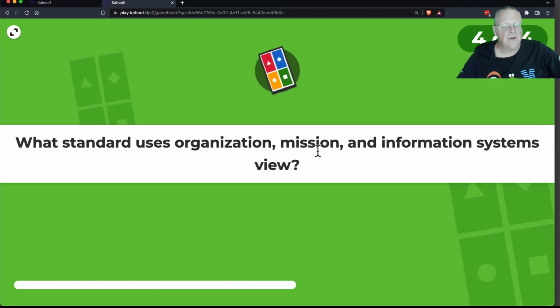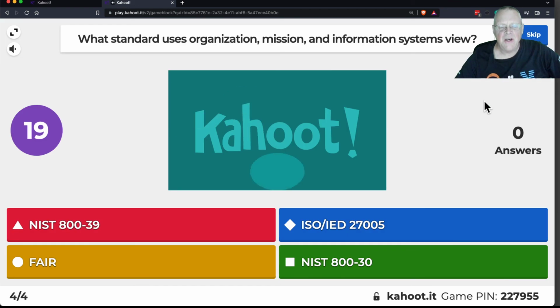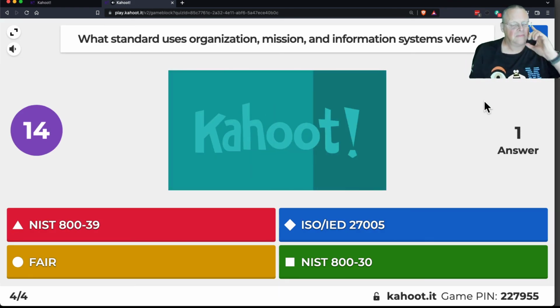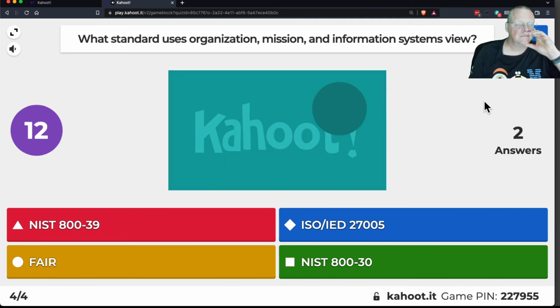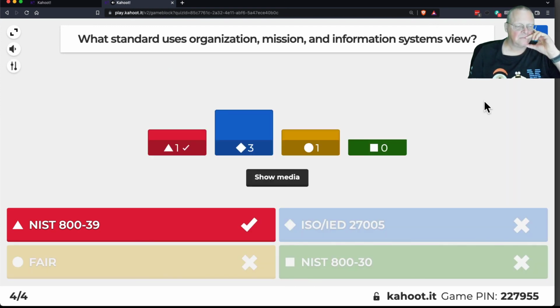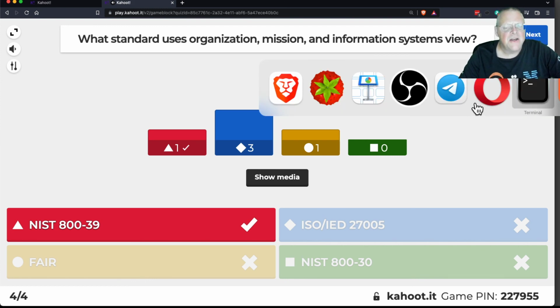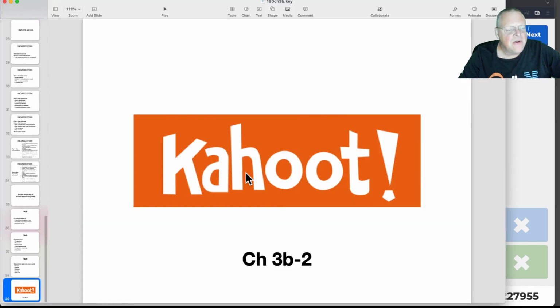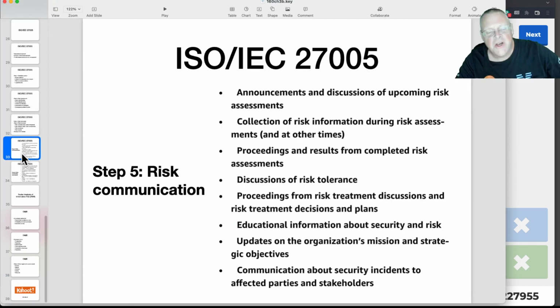And which standard uses organization, mission, and information systems view? I think it's 839. Let's go back and take a look because I get a little confused. 839. There's a little triangular diagram up here.